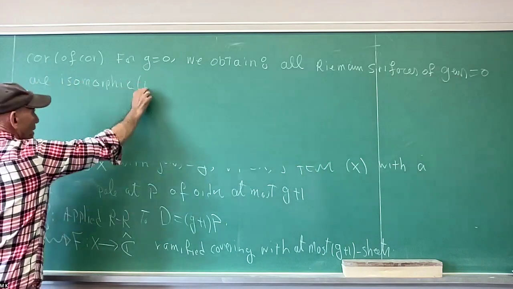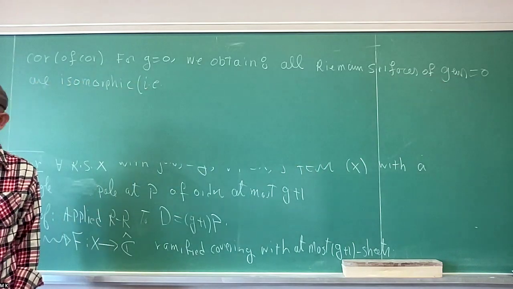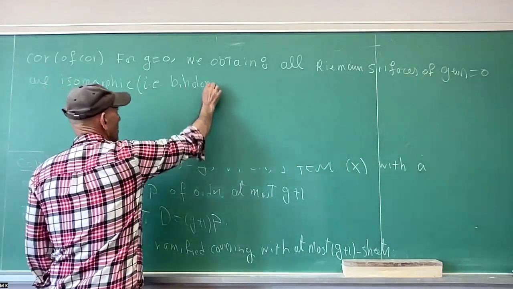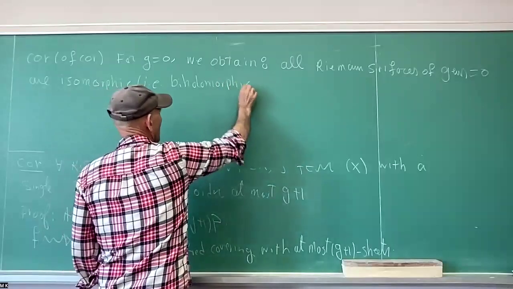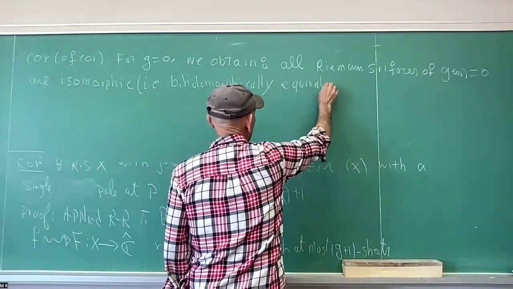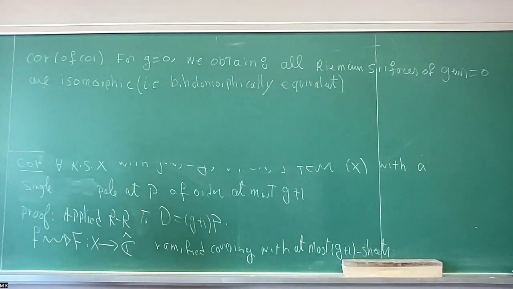Isomorphic means that they are biholomorphically equivalent. So there's a biholomorphism between them, right? Okay, so first of all, let's see the proof, and then let's see why this result is so amazing and so powerful, which at first one may not appreciate, but I will try to justify that.